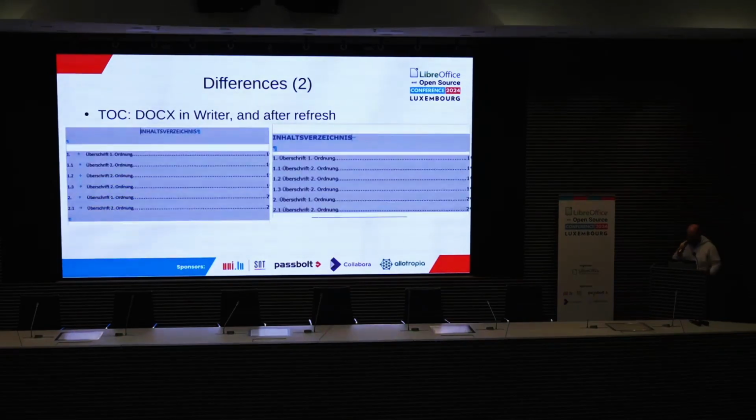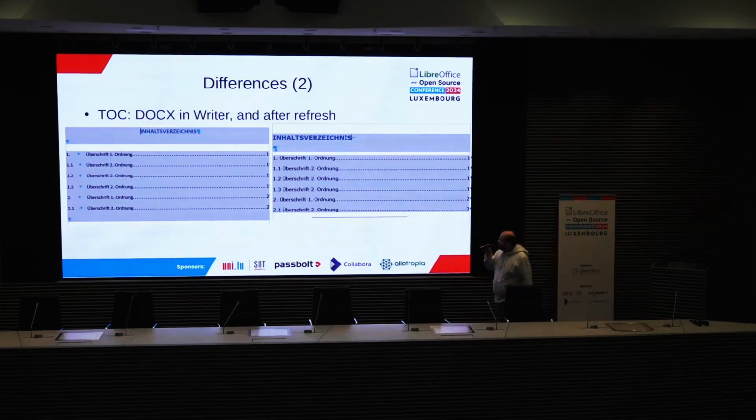We can, for example, open the original docx with the table of contents, and after that, in Writer, we see that the table of contents title, which is now in its own style, is in place, and the tab is in place. So on the first opening, it looks exactly like it was in Word.